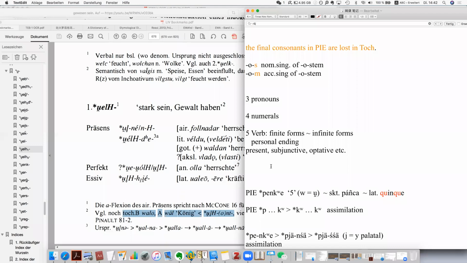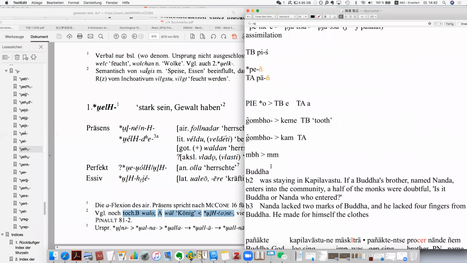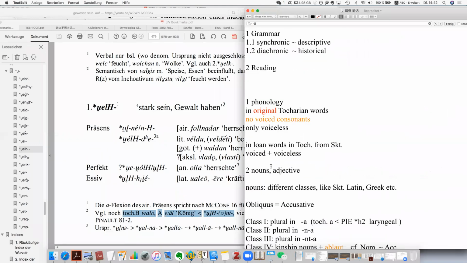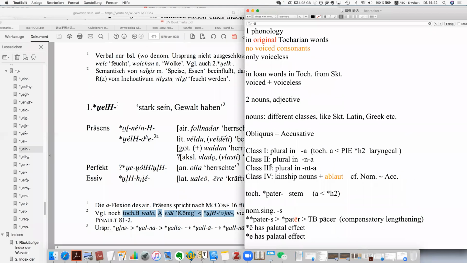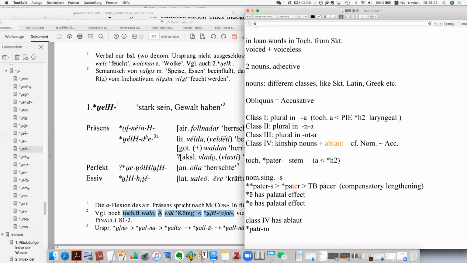And we talked about different classes of the nouns, and the fourth class is different. It has upload, and so do the other following classes, like the king word.